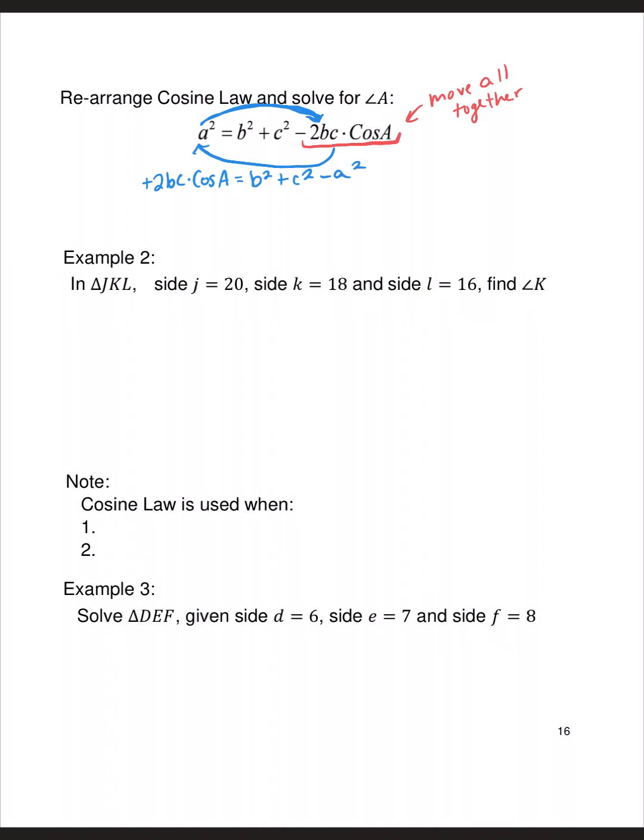Okay, I'm trying to solve for the angle of A, so I need to isolate my capital A in that case. So I'm going to start by separating this big piece we moved over here. I'm going to divide by 2bc, because 2bc is being multiplied by the cosine of A right now. So to move that 2bc, I'm going to need to divide it.